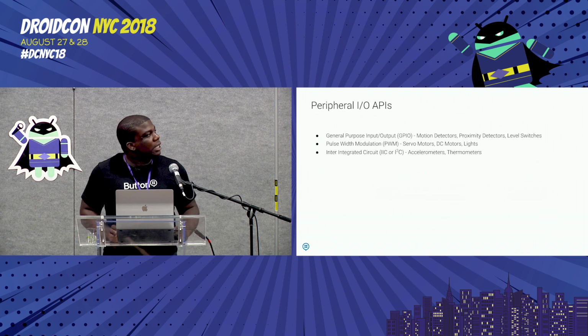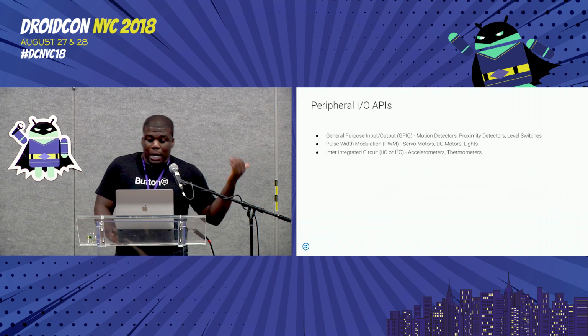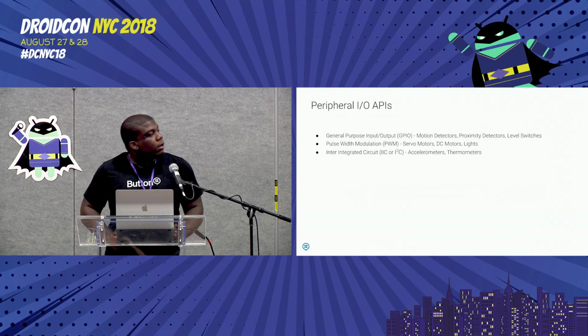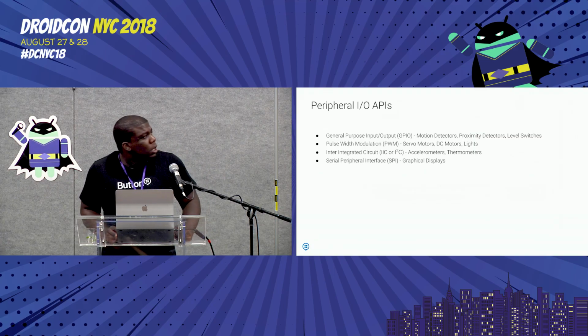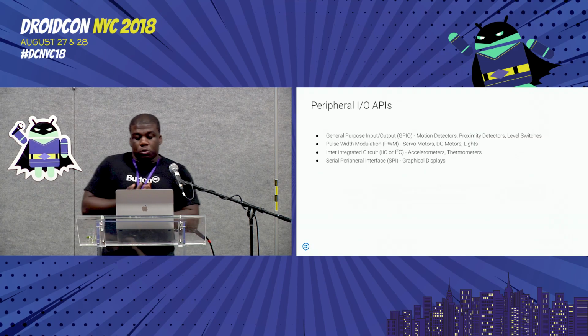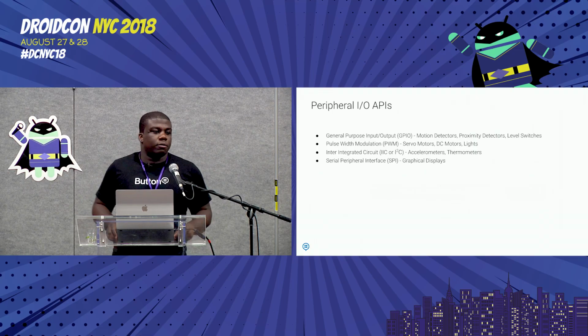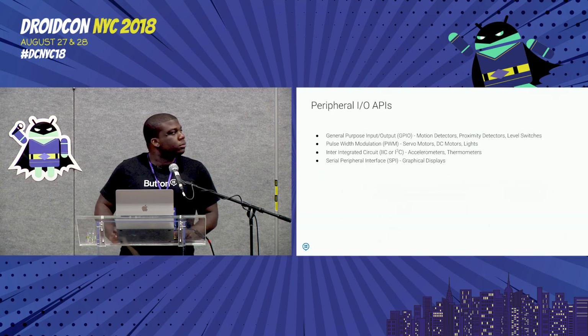An example of a peripheral that uses IIC would be accelerometers, thermometers, and LCD displays. And the last one is SPI, which is serial peripheral interface, and that's usually for peripherals that require really high bandwidth, like graphical displays.